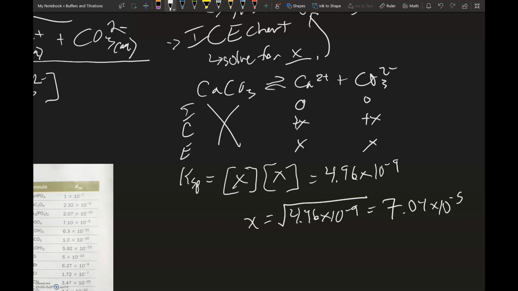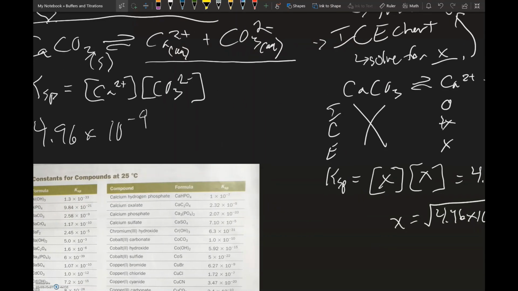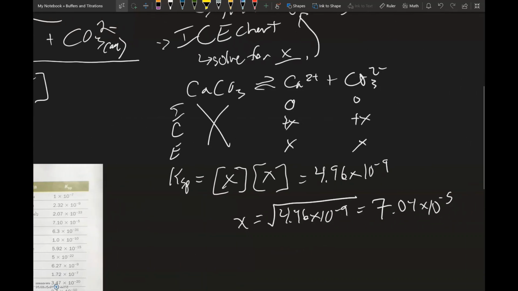That means that the concentrations of these ions are represented by the coefficients. In this case, they're 1 and 1. So both of those are 7.04 times 10 to the negative 5. The molar solubility itself is that.